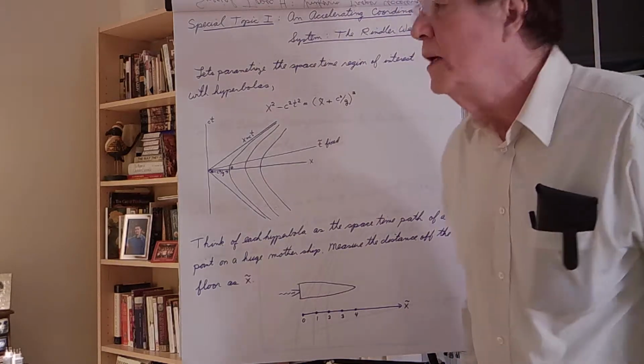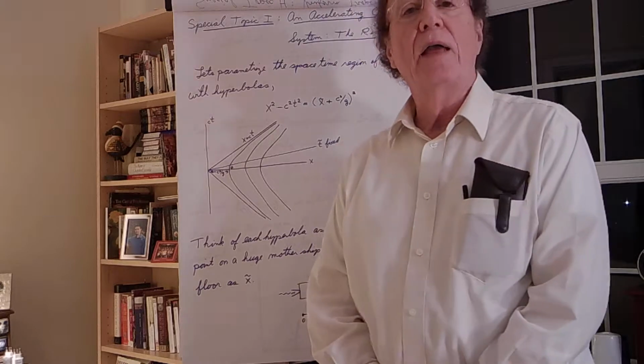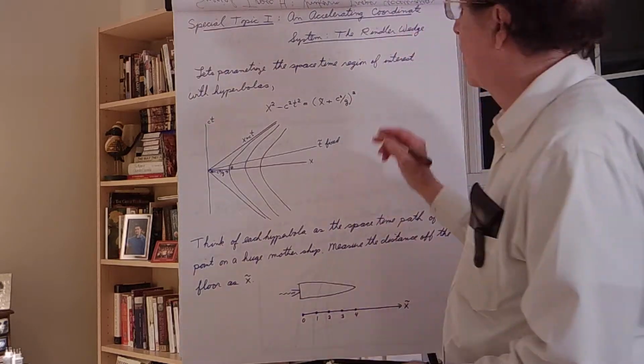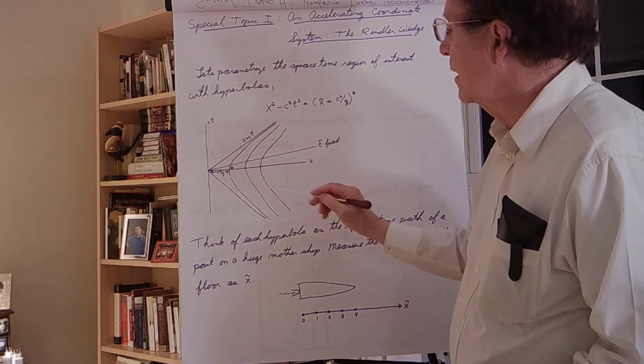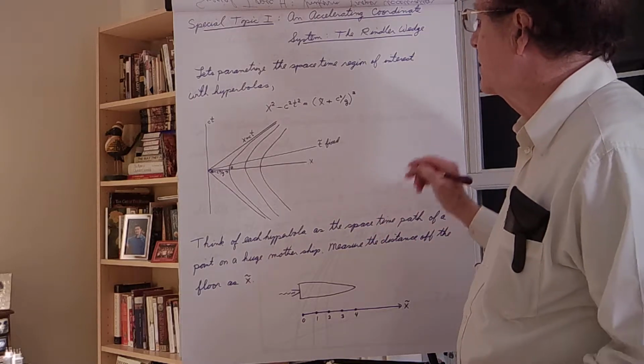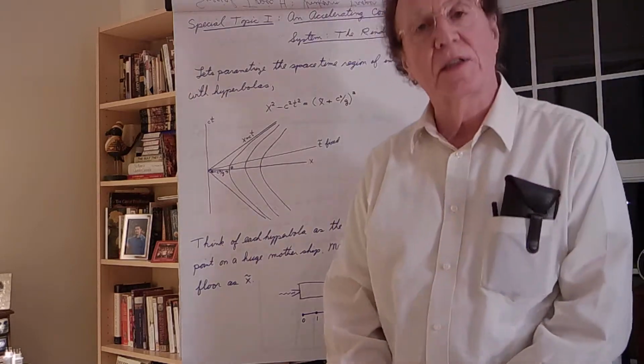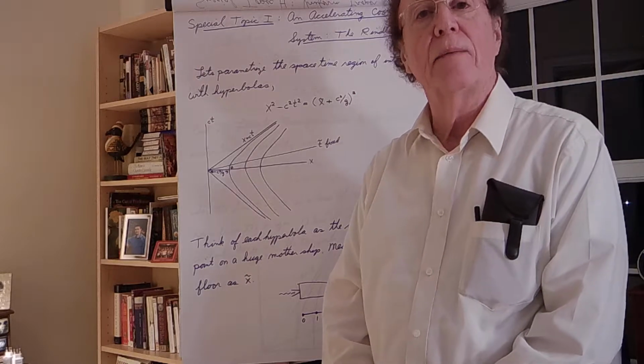What I want to do is set up a coordinate system for this wedge between the light cones, which describes accelerating points.